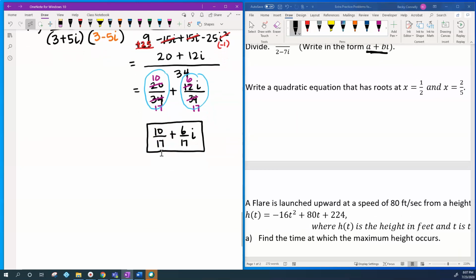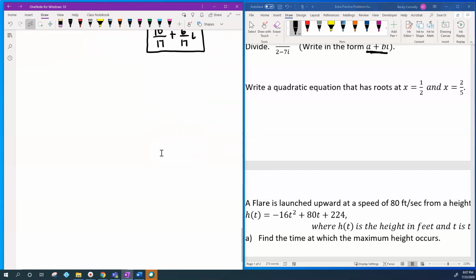All right, what about this next one? So we're given 2 roots of a quadratic equation, and we're asked to write the equation. So it's kind of like we're given something a little bit backwards, right? We're used to having the equation given to you, and then from there you find the roots. You figure out what x is.